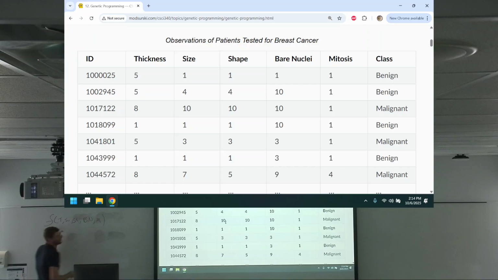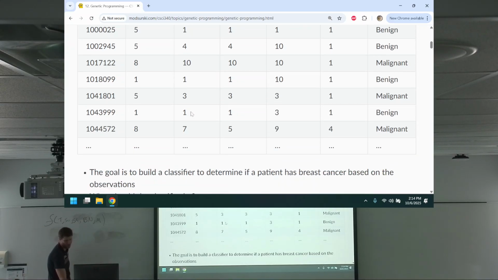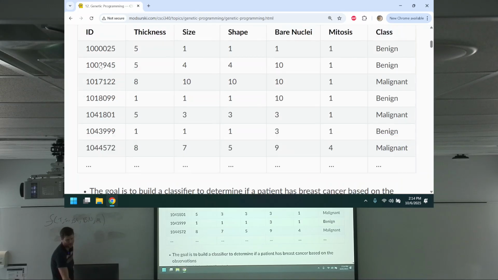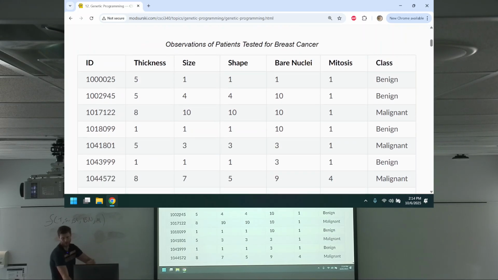Consider I'm building a function on these things. So for any instance, I would plug in whatever these values are, right? For any instance, the ID number is obviously, hopefully clear, you're not going to divide by that, it's just an ID. It would be a function of these for every instance, right?